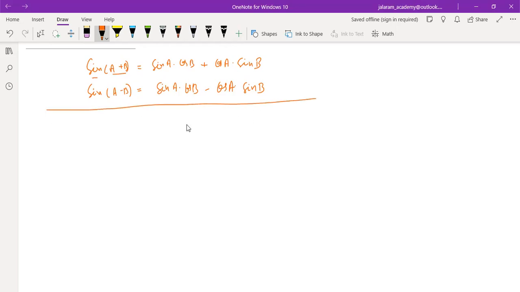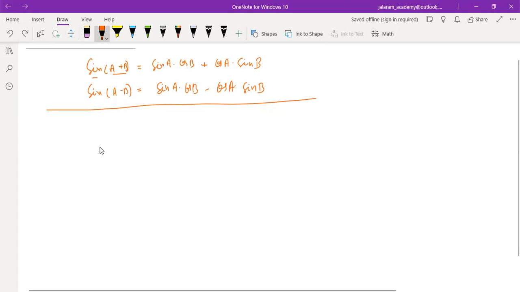But what if we have to calculate sum of sine of two angles? For this, we will add these two formulas first of all. So what do we get? If we add these two formulas, add them in left hand side and add them in right hand side as well.